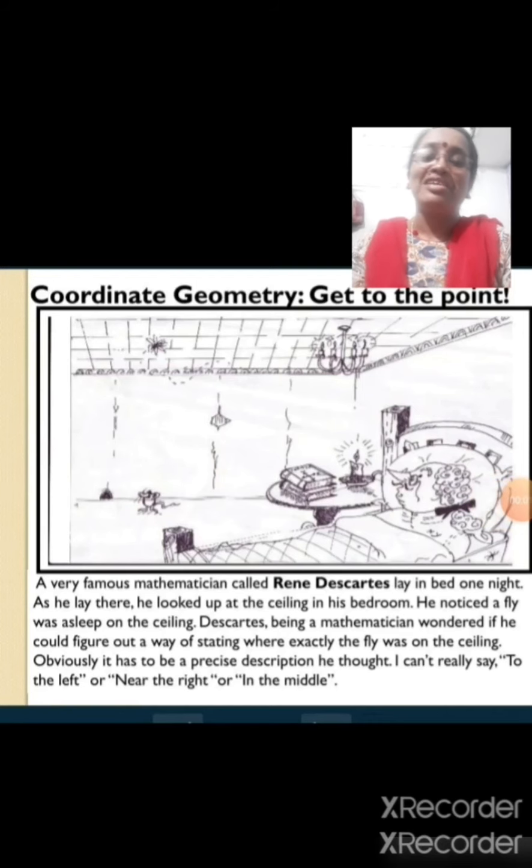Now, let us look the origin of coordinate geometry. That our French philosopher or famous mathematician René Descartes lay in bed one night. As he lay there, he looked up at the ceiling of his bedroom. He noticed a fly was asleep on the ceiling.